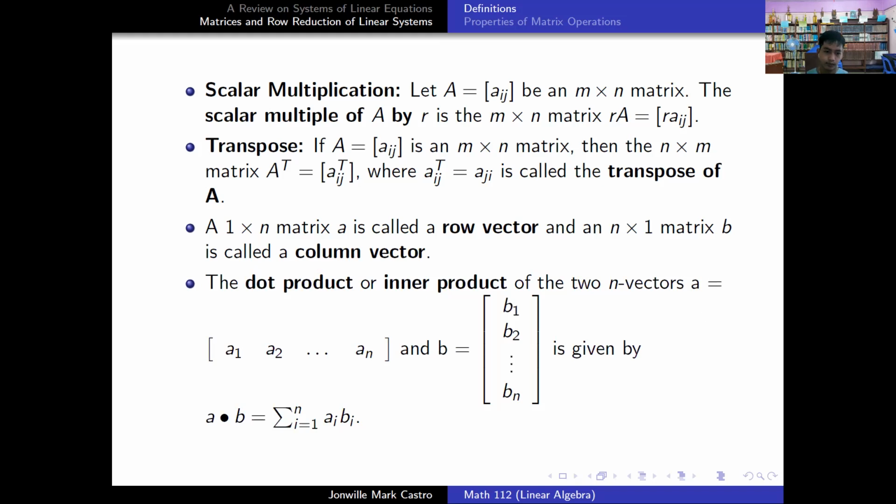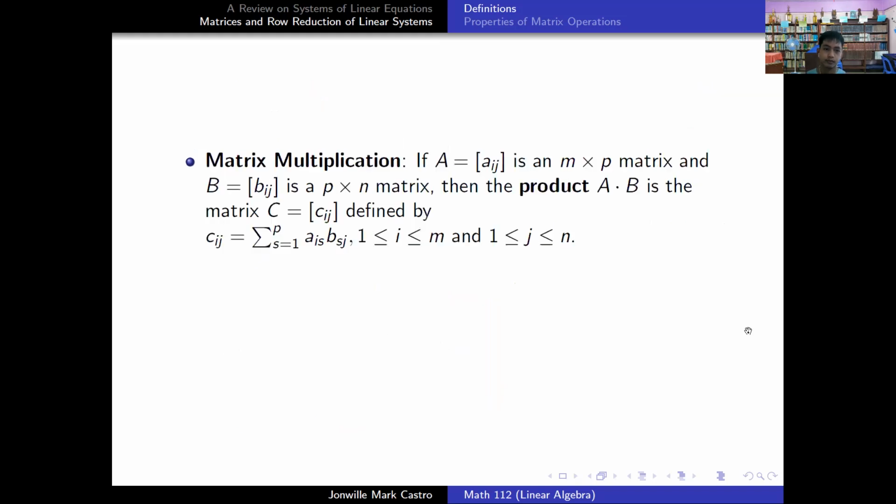So dito, meron tayong 1 by n multiplied by n by 1. So we have a 1 by 1, which is a single number. Yun yung dot product or inner product natin.